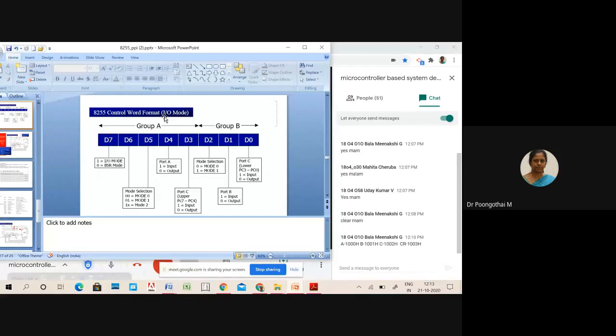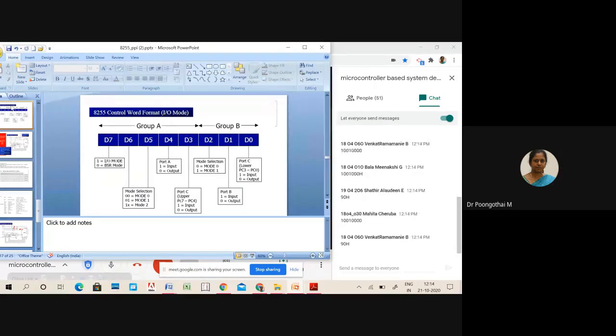And D6, D5 are 0. Port A is configured as input, so D4 is 1. D3, 0. D2, 0. D1, 0. D0, 0. So the answer is 90.